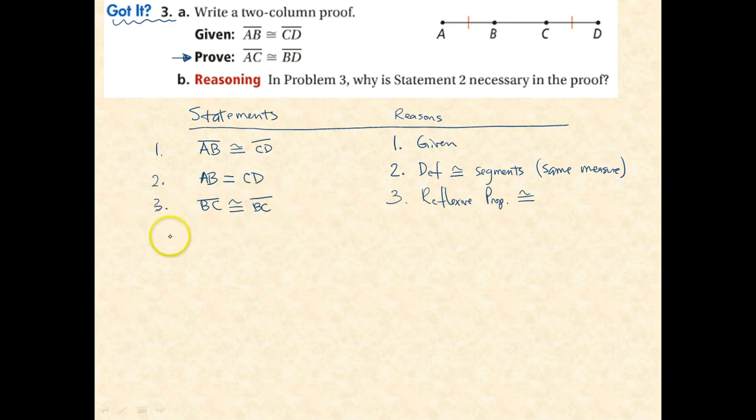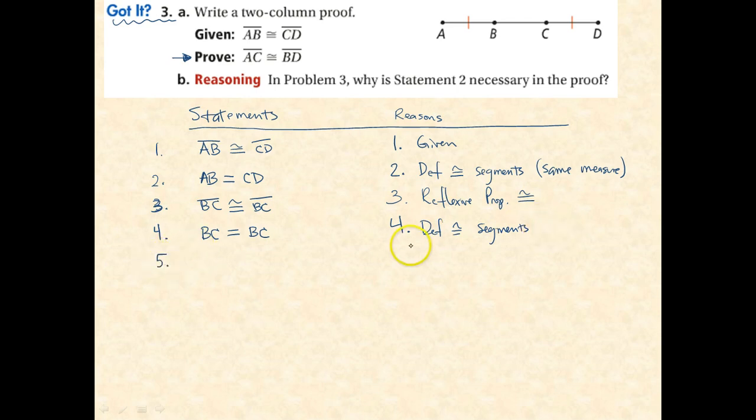And that's an ugly 3. Sorry about that. And now I can say that the measure of segment BC is equal to the measure of segment BC, and that is the same reason as reason 2: definition of congruent segments, same measure.